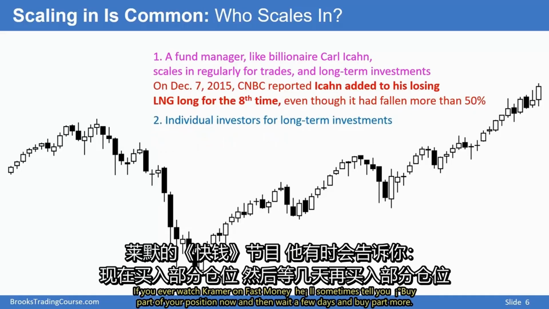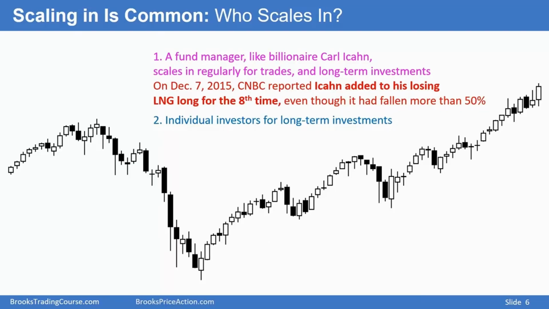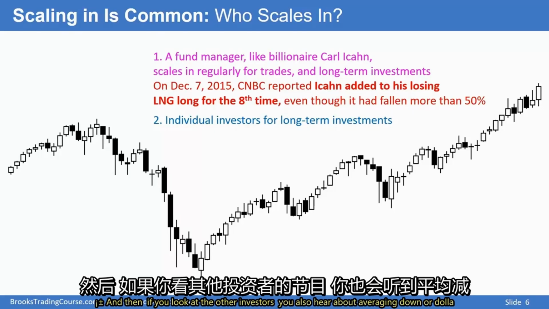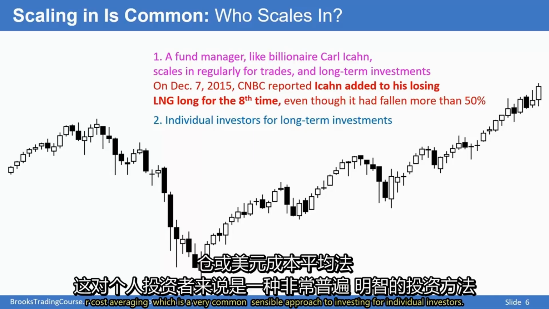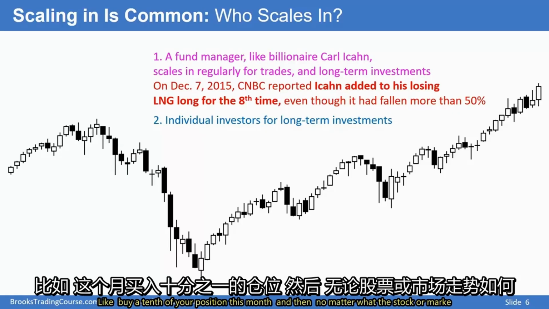Individual investors also scale in. If you ever watch Kramer on Fast Money, he'll sometimes tell you, buy part of your position now, and then wait a few days and buy part more. And then you also hear about averaging down, or dollar cost averaging, which is a very common, sensible approach to investing for individual investors, like buy a tenth of your position this month, and then no matter what the stock or market is doing, buy a tenth more next month, and you do it for 10 months.